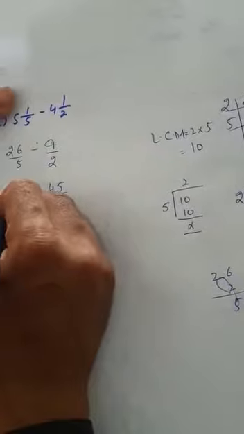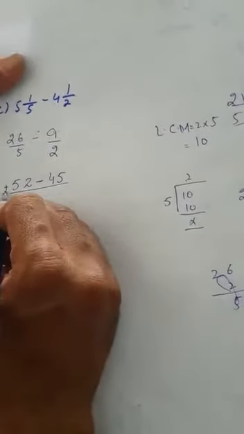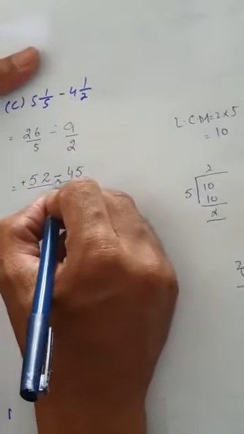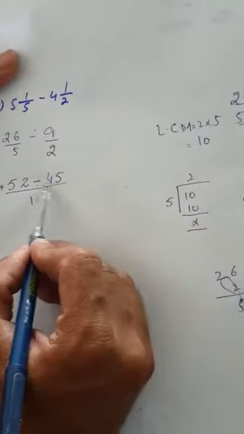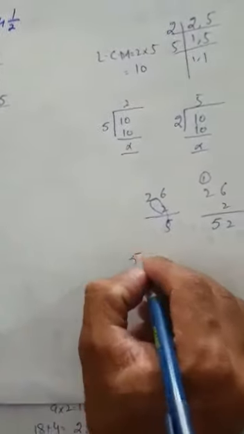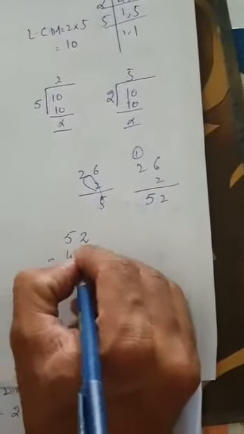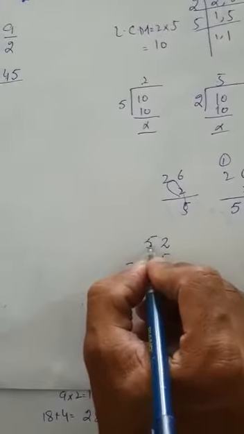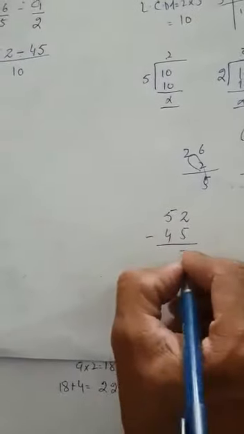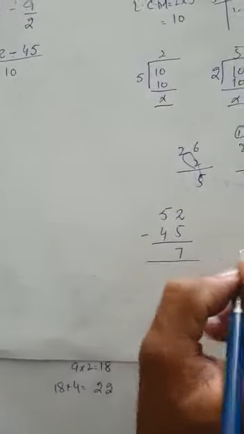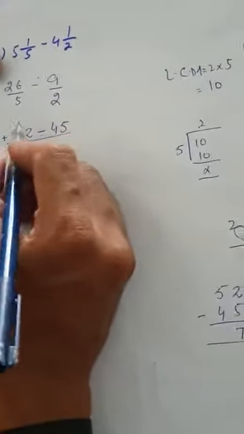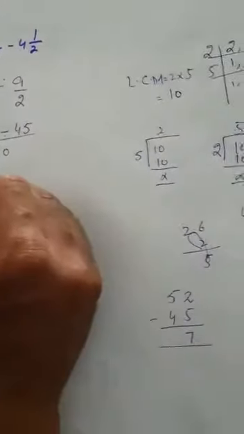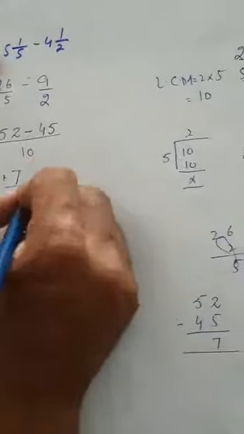As you can see, this 52 has a symbol of plus and 45 has a symbol of minus. Okay, these are two different symbols, so we will subtract the smaller number from the larger one. So 52 minus 45. Okay, we get 7. So we will write the 7 here with the symbol of the larger number, which is 52. So plus 7 over 10 will be our answer.